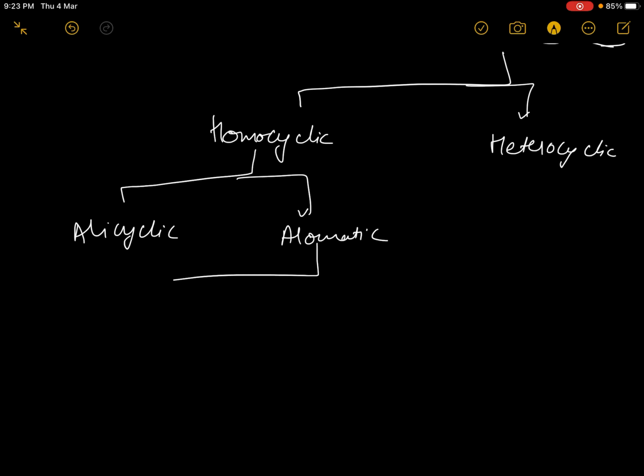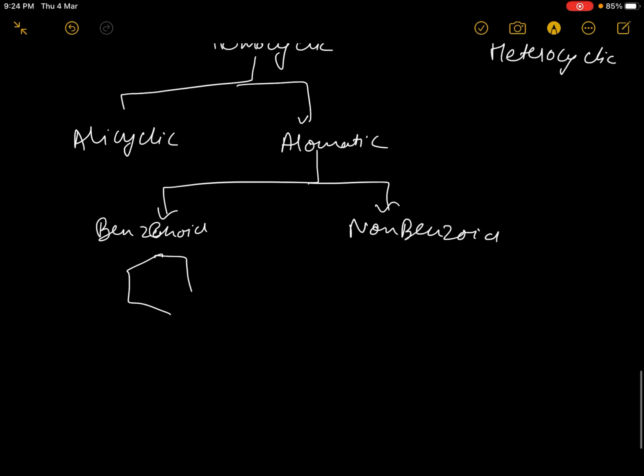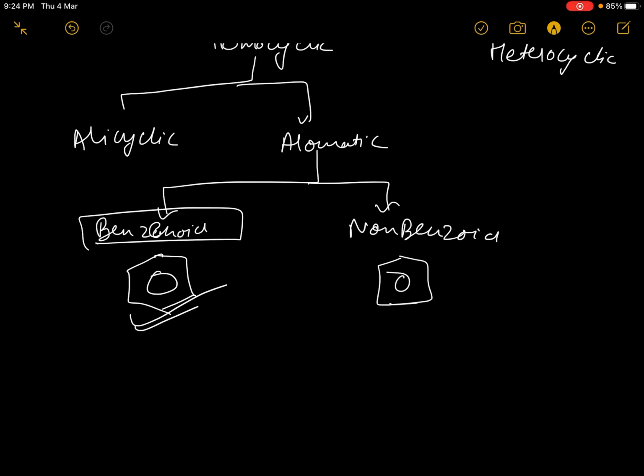In aromatic it is further differentiated between benzenoid and non-benzenoid. We know this is the benzene ring, and if a compound contains this benzene ring it is called benzenoid, and those that don't contain this benzene ring are called non-benzenoid.